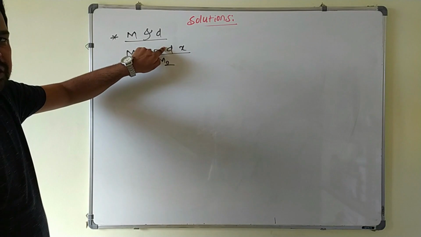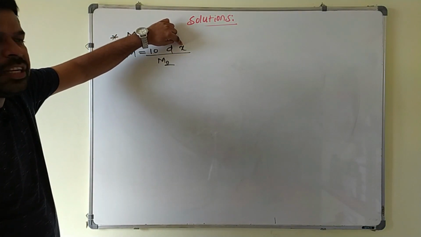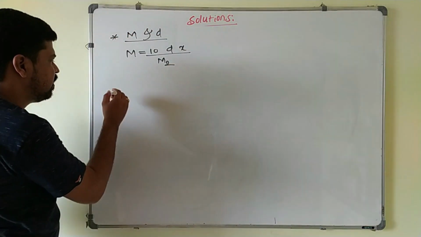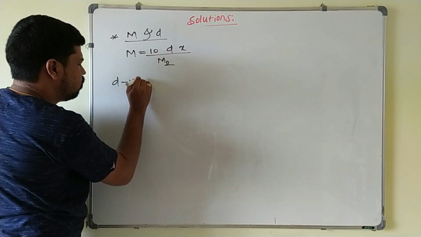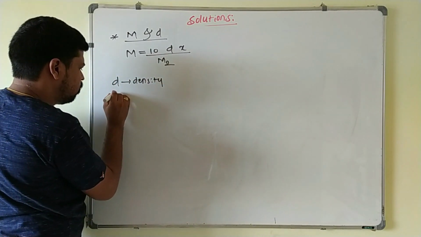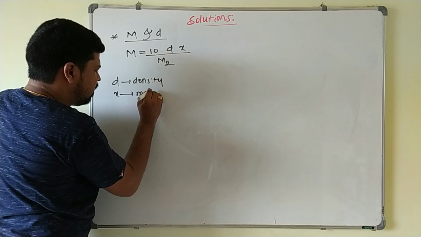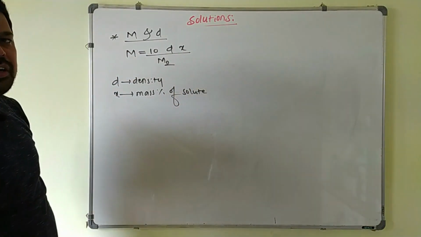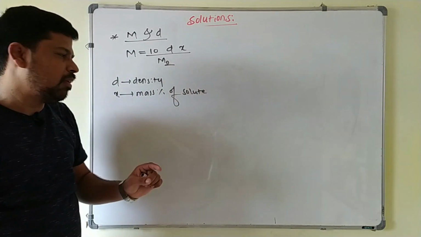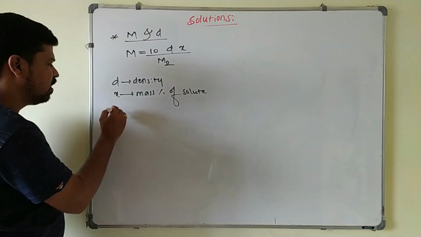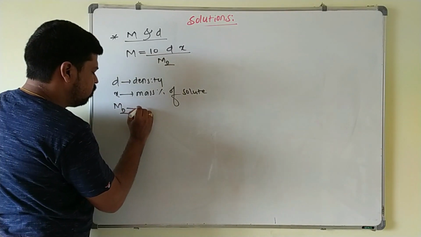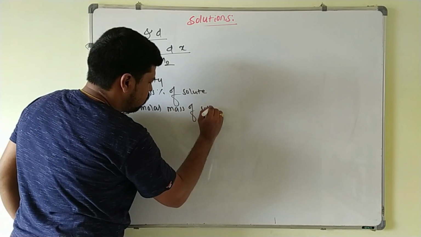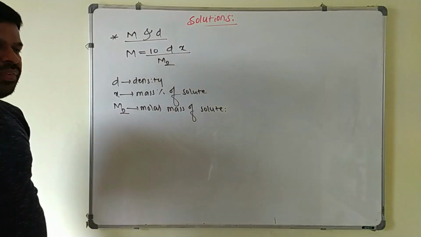Here d is the density of the solution, x is the mass percentage of the solute, and M2 is the molar mass of the solute. In the problem they will give 10% by mass, that means 10 gram is present in 100 gram of solution, like that. This is the mass percentage of the solute.